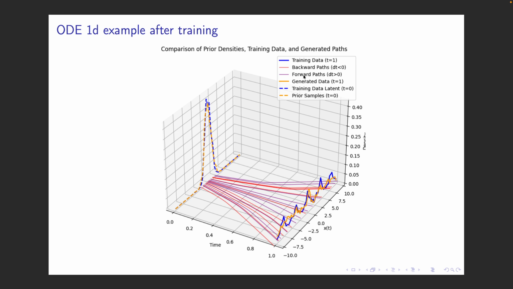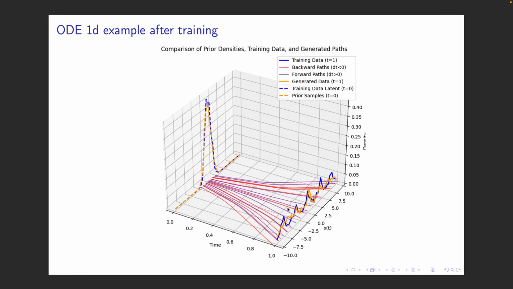So let me see now without glasses. The backward direction is solving the ODE from the data backward towards the prior, and the forward is going forward. In this case, these two are exactly the same, right?